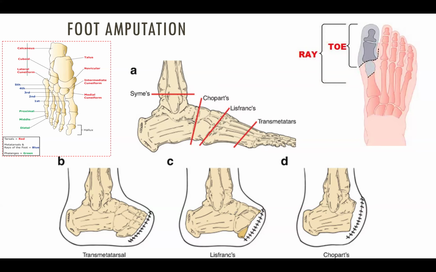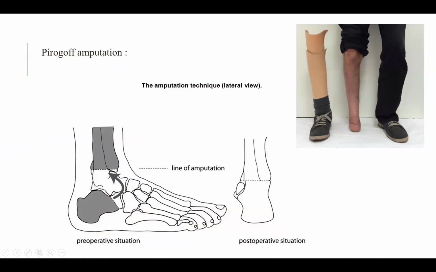Yes, sir. And others are transmetatarsal, which is amputating across the metatarsal, and Lisfranc's, which is amputation at the tarsometatarsal level, and Chopart's, in which we remove the forefoot and midfoot, leaving the talus and calcaneus, and Pirogov amputation, in which we remove the forefoot and talus and do calcaneo-tibial arthrodesis.